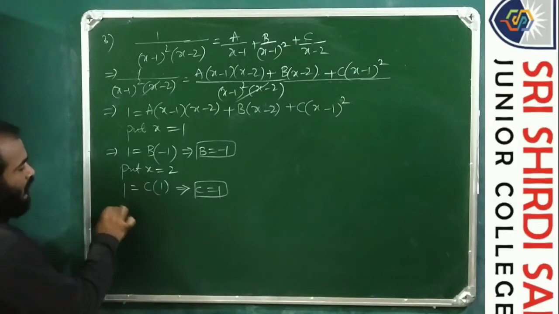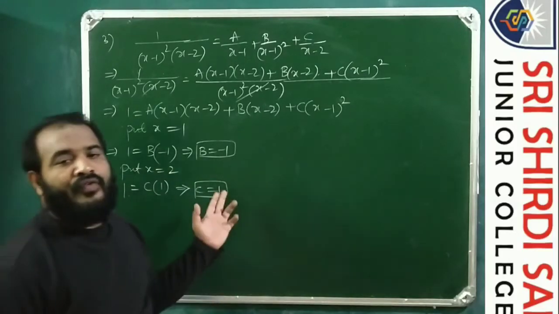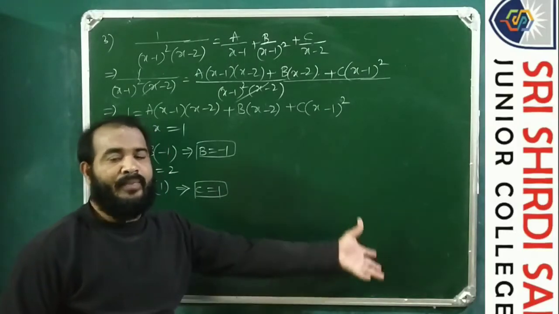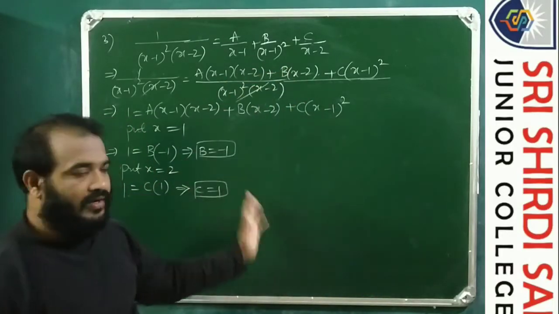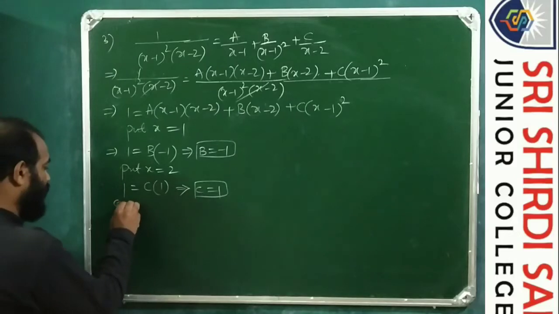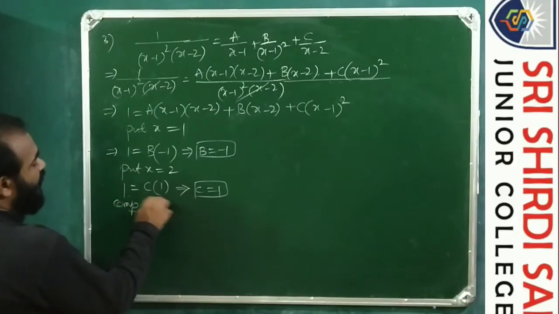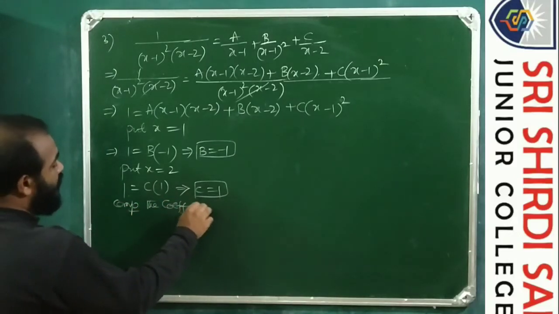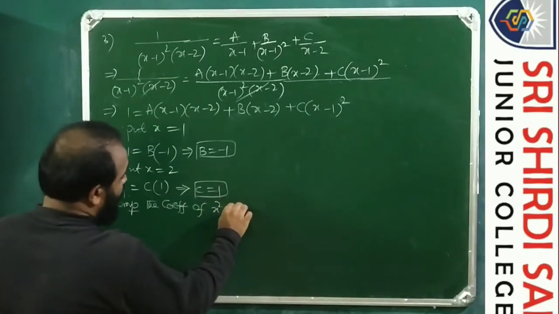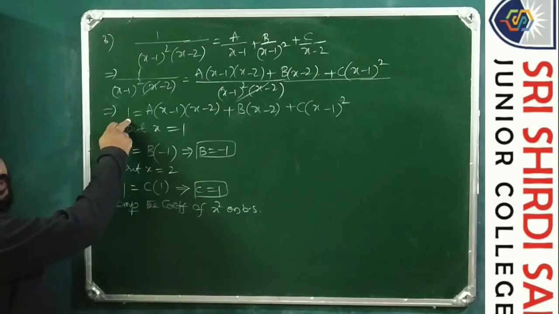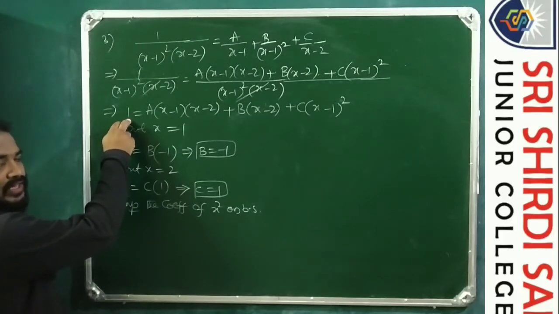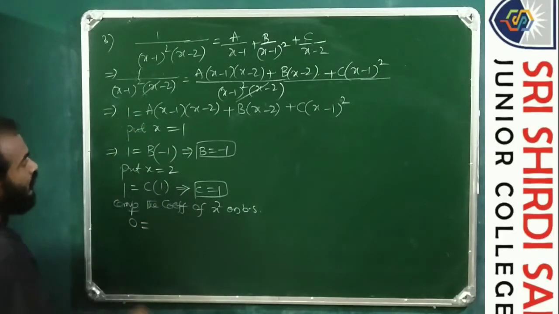Now all that we need to do is compare, because of the two factors we have used here, comparing the coefficients of x square on both sides. Here we don't have any x square in the LHS, so 0.